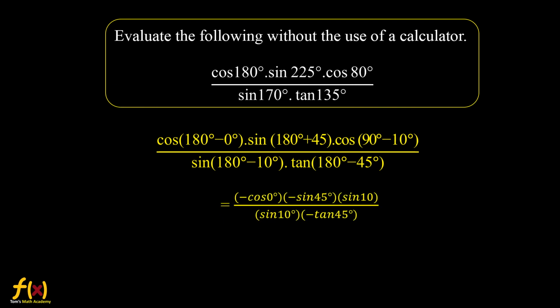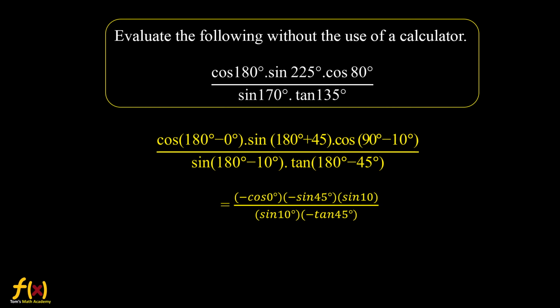So we get the answers now. Cos 180 minus 0, which is in the second quadrant, cos is negative, and we reduce it to minus cos 0. Second term, sine 180 plus 45 in the third quadrant, sine is negative, we reduce it to minus sine 45. Third term, cos 90 minus 10.